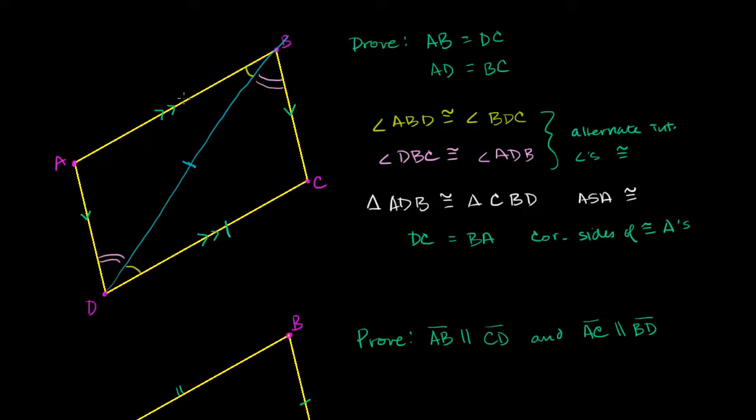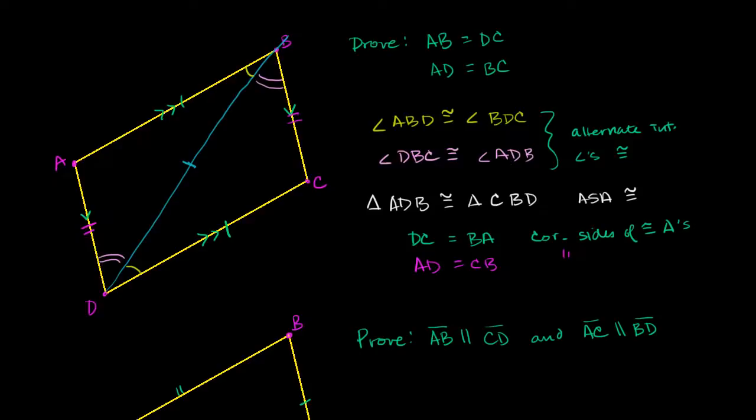And by that exact same logic, AD corresponds to CB. AD is equal to CB, for the exact same reason, corresponding sides of congruent triangles. And then we're done. We've proven that opposite sides are congruent.